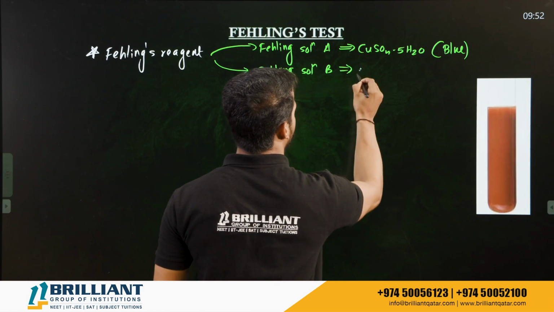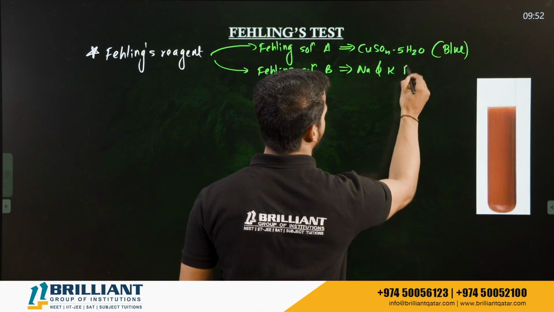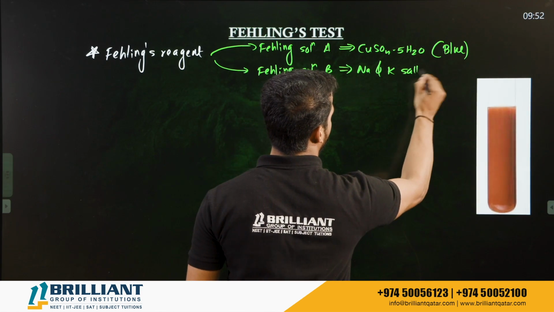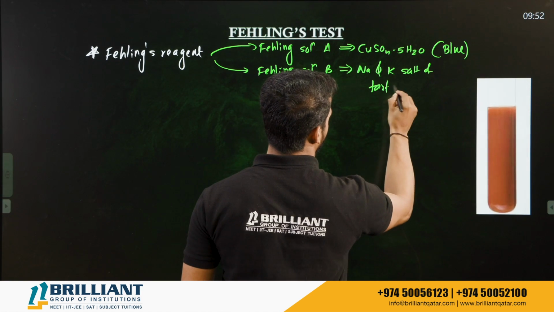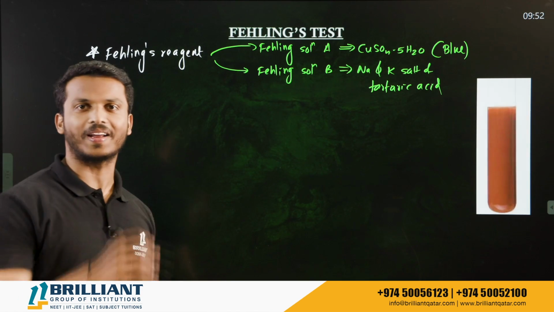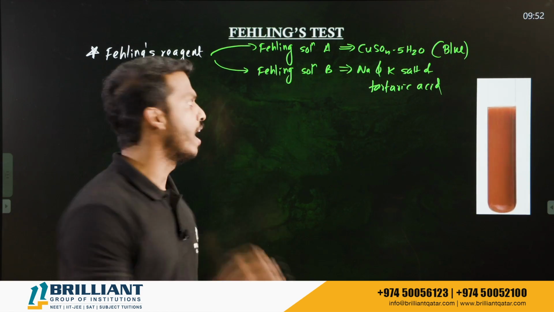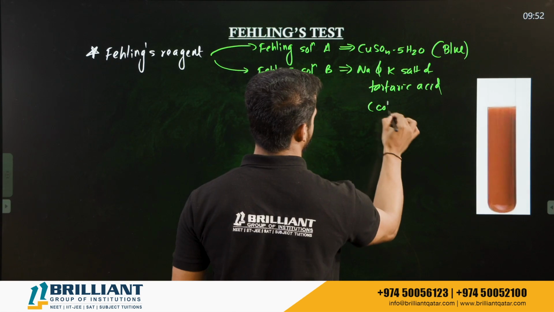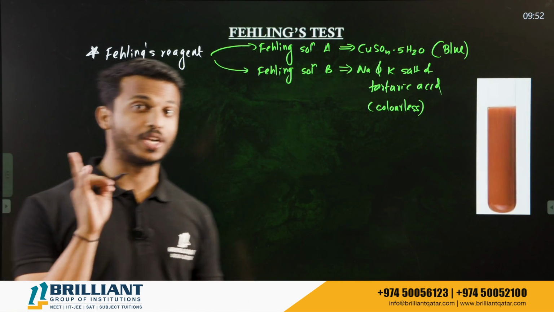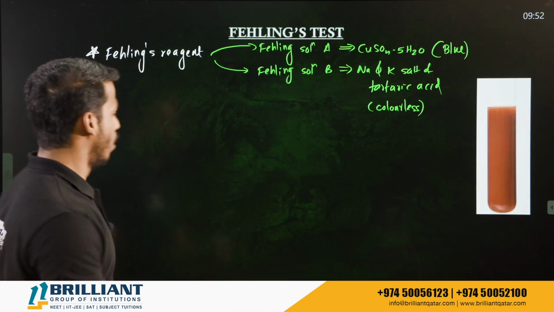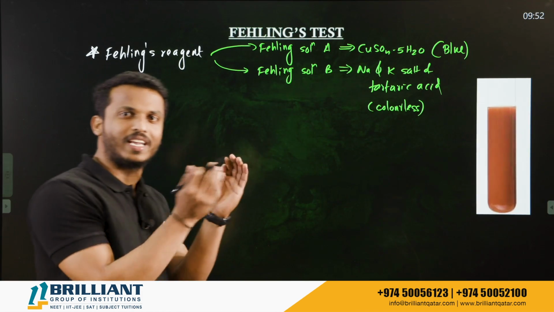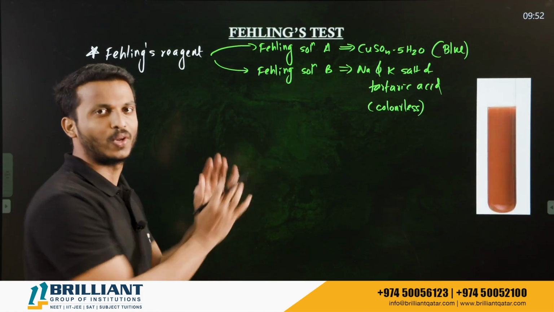Fehling solution B is the sodium potassium salt of tartaric acid, and its color is colorless. So Fehling solution A is blue in color, Fehling solution B is colorless. Now, don't worry, while writing the reaction we are not writing all these things. A small thing comes after mixing Fehling solution A and B.